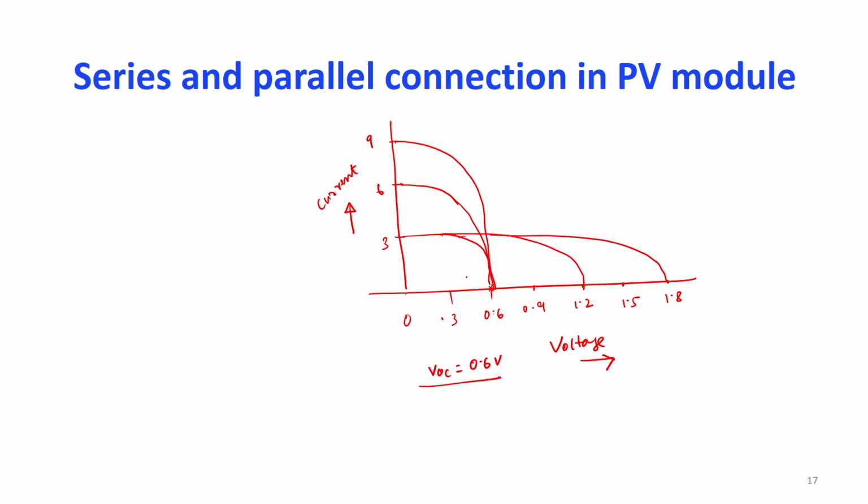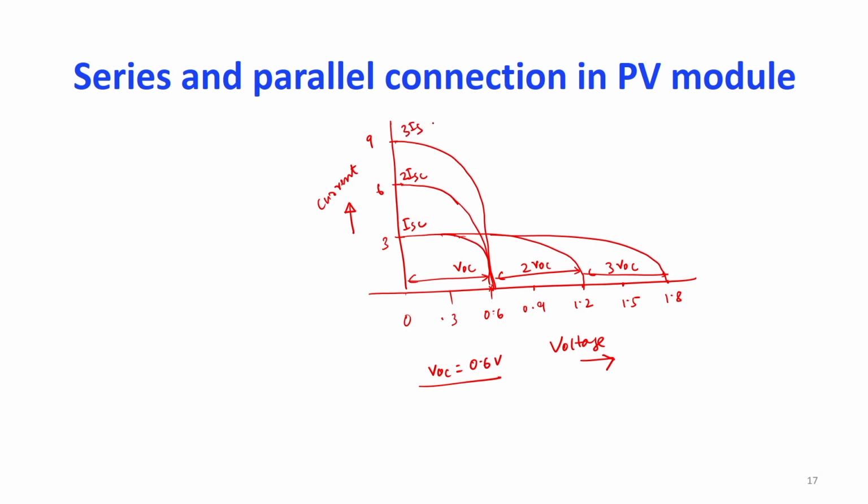So, this is VOC and this is 2 VOC and this is 3 VOC. So, 3 modules are connected in series and this is ISC, this is 2 ISC and this is 3 ISC.